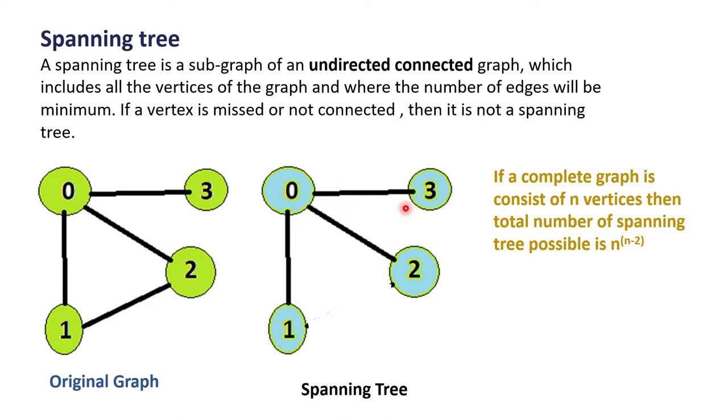From 0 also 3 to 1, and from 2 also 1, 0 and 3 are connected. So for a complete graph, the total number of spanning trees which we can build is n to the power n minus 2. We will come to several other formulas also at a later point of time.